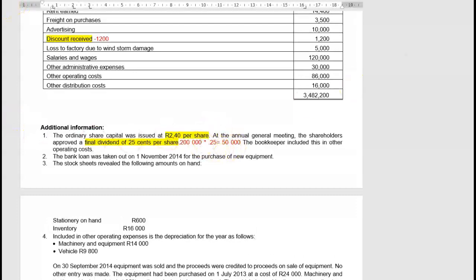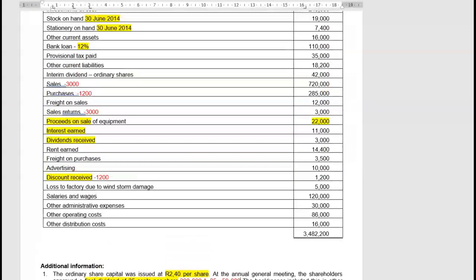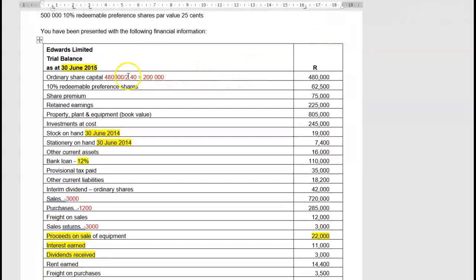Now, once we've done companies, you will know that I am not allowed to declare an ordinary dividend if I didn't declare the preference dividend first. So therefore, if a final dividend was declared for ordinary shares, it means that by implication, I have also declared the preference dividend. Now that 10% there is the indication of the dividend rate attached to the preference shares.